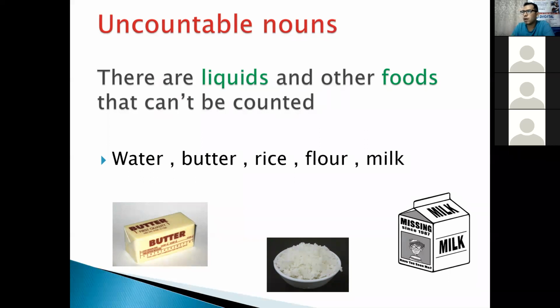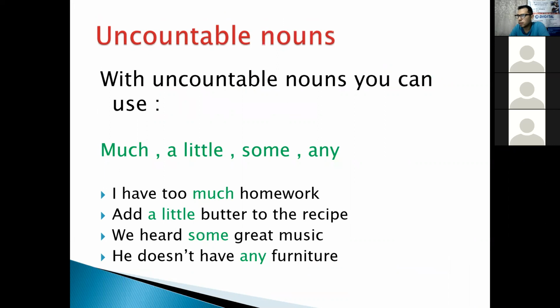These are uncountable, okay? Most liquids and foods cannot be counted. With uncountable nouns, you can use much, a little, some, any.